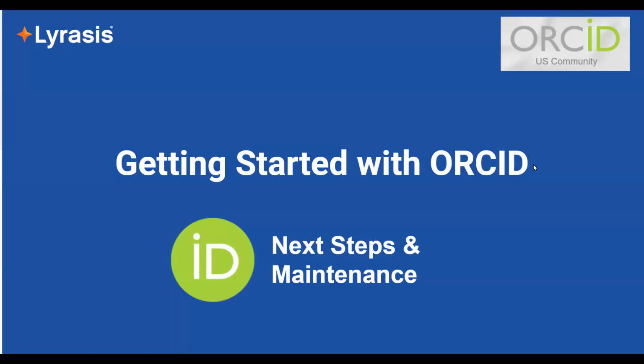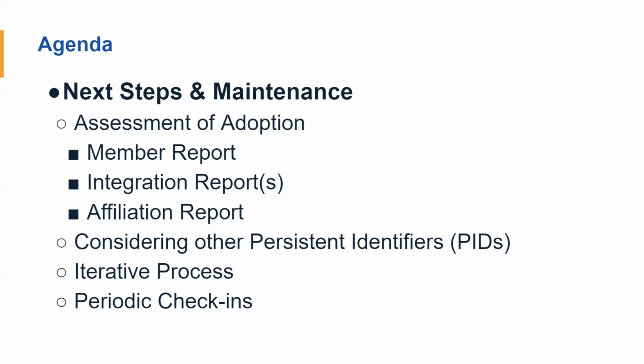In this session, we're going to cover next steps and maintenance of your ORCID adoption and ORCID membership. So we're going to talk about assessment of adoption and how you can go about doing that using your ORCID member report, integration reports, and affiliation report.